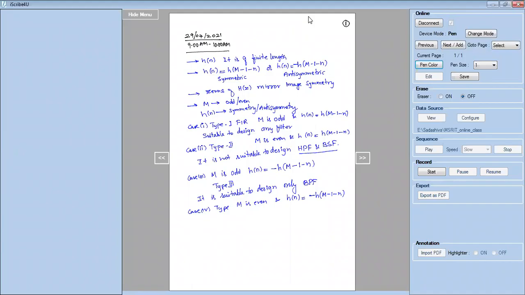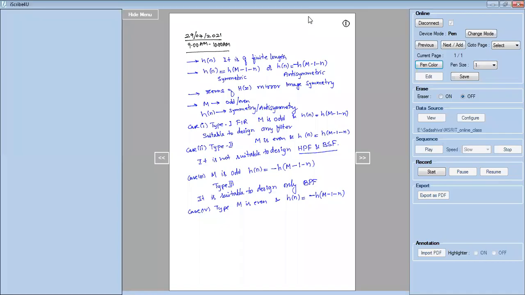I don't know why these people are not understanding the scenario. Okay, in the previous period we were discussing about the, really I am feeling very annoyed here.